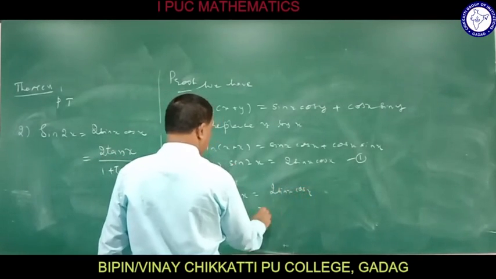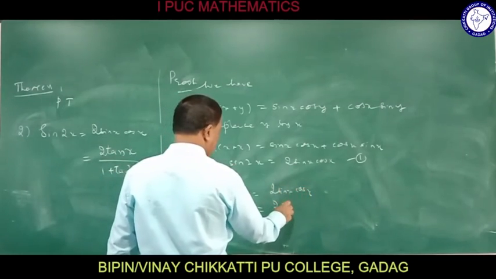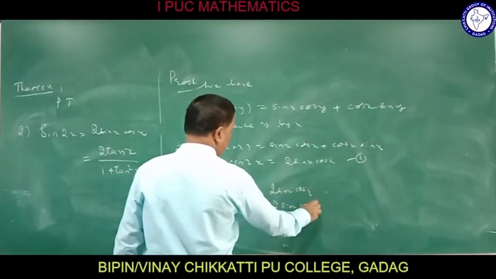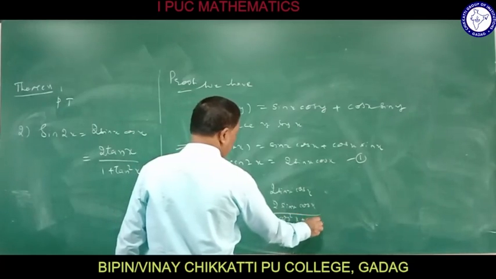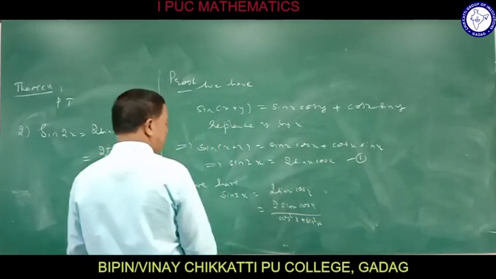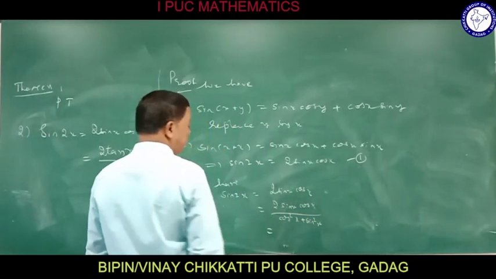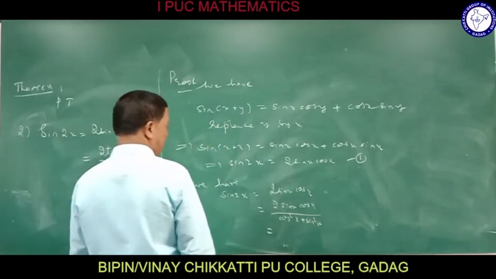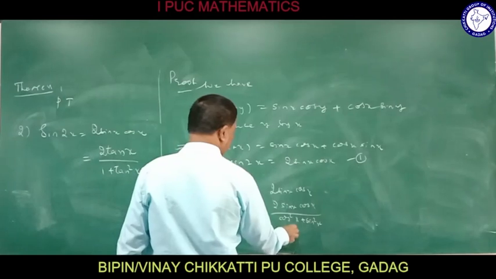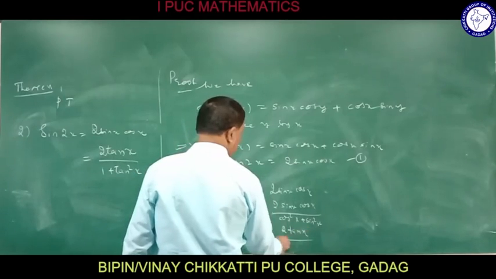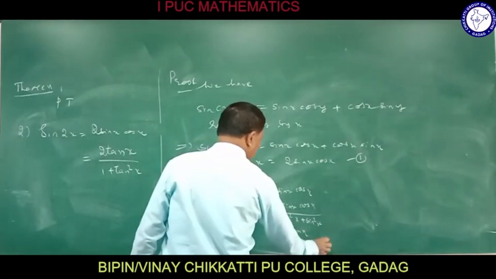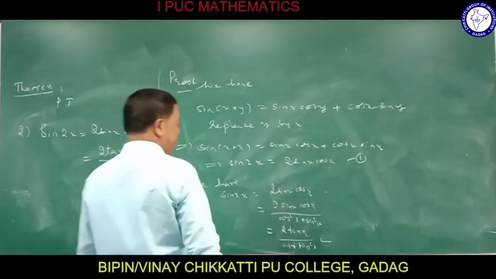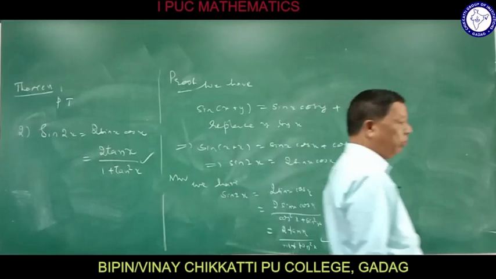This can be written as 2 sin x cos x divided by cos square x plus sin square x, and divide the numerator and denominator by cos square x. What do we get in the numerator? 2 tan x, and in the denominator 1 plus tan square x. You have got it. This is the way how we prove that.